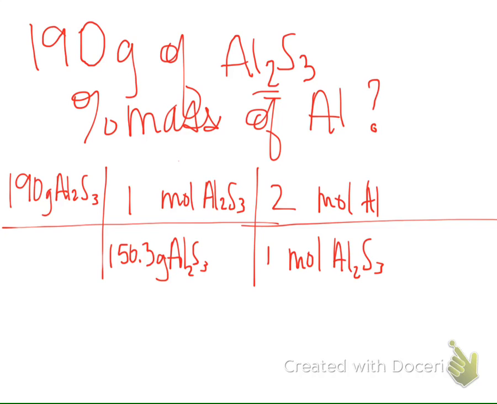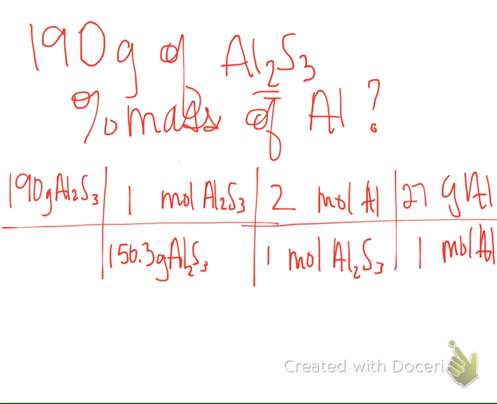That's the tricky part. We've got to see that in 1 mole of aluminum sulfide, there are 2 moles of aluminum atoms. Then we go from moles of aluminum to grams of aluminum, and moles gets the 1 because we're going between grams and moles. The molar mass of aluminum is what? 27.